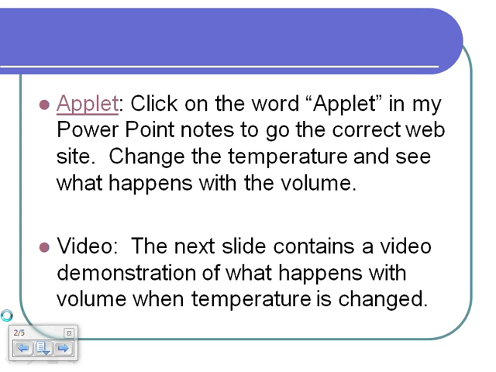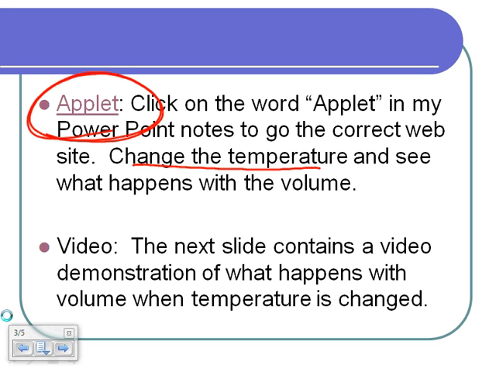As I mentioned before, if you go to my PowerPoint and click through the slides, you'll come across this screen and you will see up here the word applet. Click on that applet and you will go to a website where you can change the temperature. You slide the temperature bar back and forth, and you can see what happens with the volume.